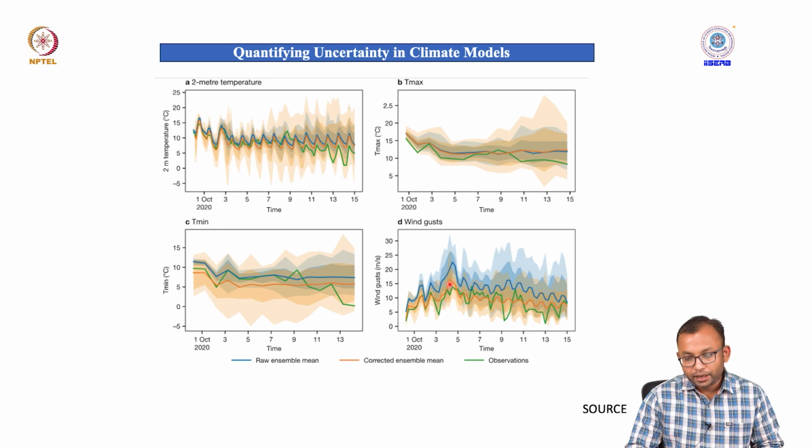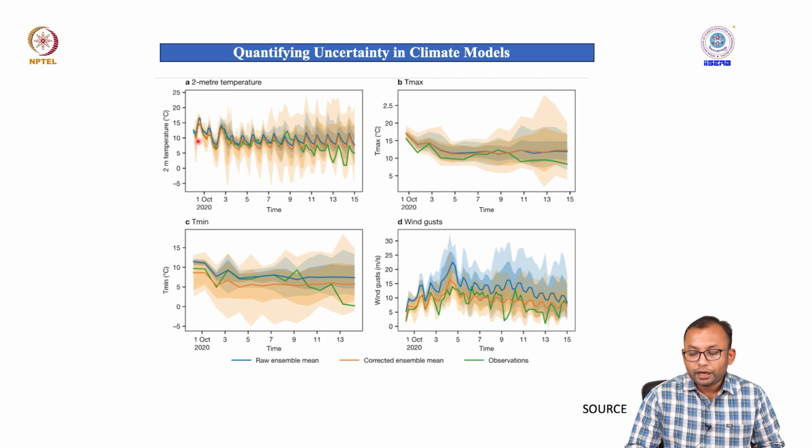Here is one example which shows different climate variables, for example 2-meter temperature, temperature maximum, temperature minimum, and wind gust. You can see that this is a raw ensemble mean data set, then we have the corrected ensemble mean, and then we have the observed data set.